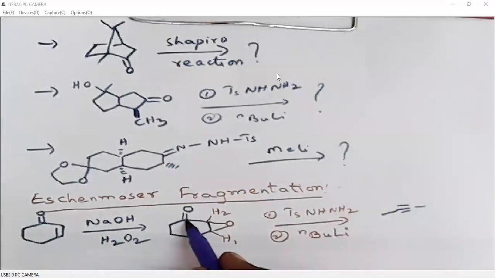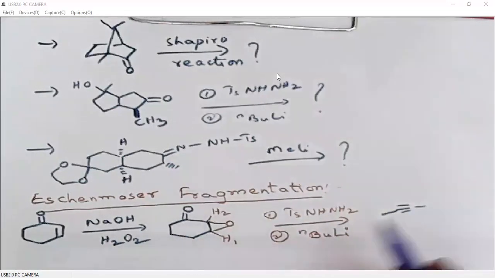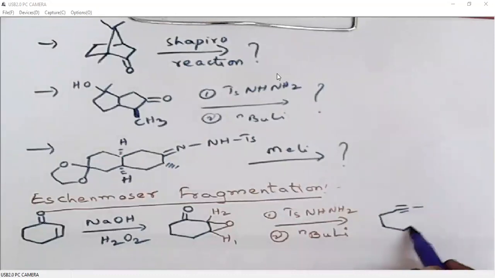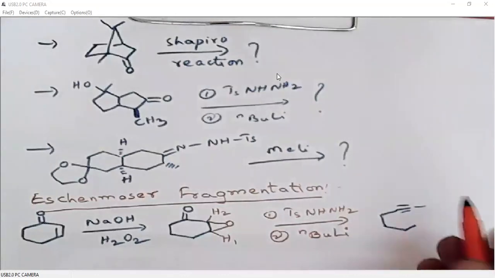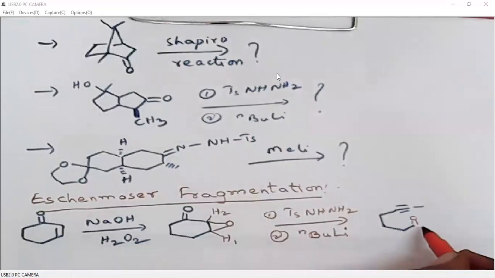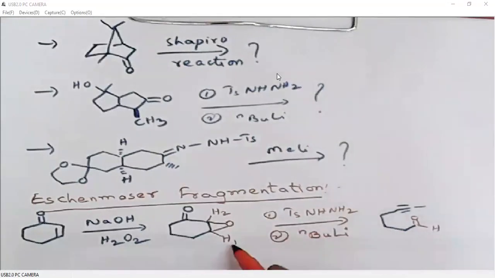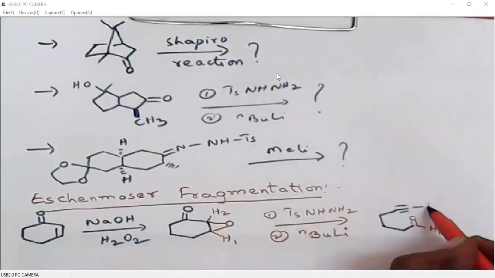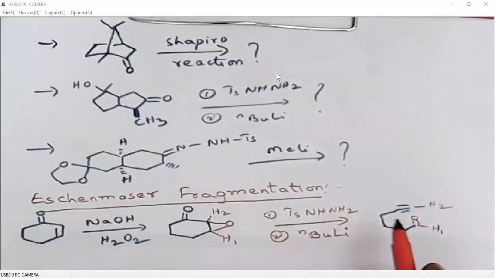So 1, 2, 3, 4, 5, 6. So this is a carbonyl and this is hydrogen, because this is labeled as H1 and here it is labeled as H2. So when we look at the number of carbons, 1, 2, 3, 4, 5, 6.